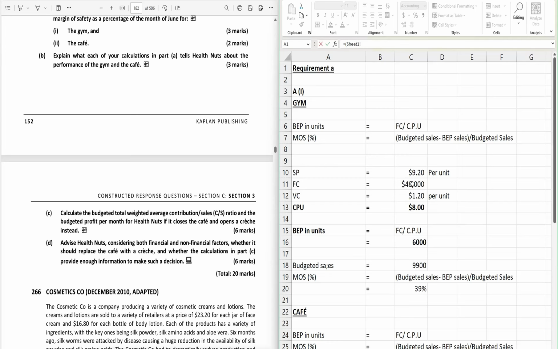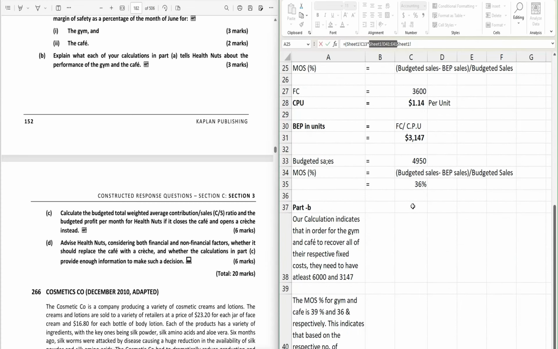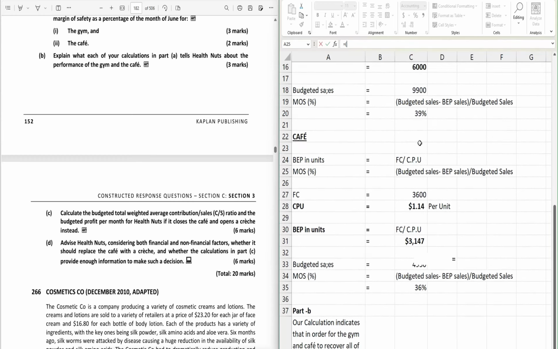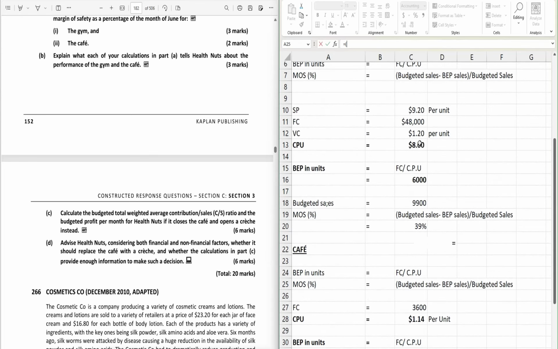Contribution per unit for gym is 8, and the number of units is 990, into 990.